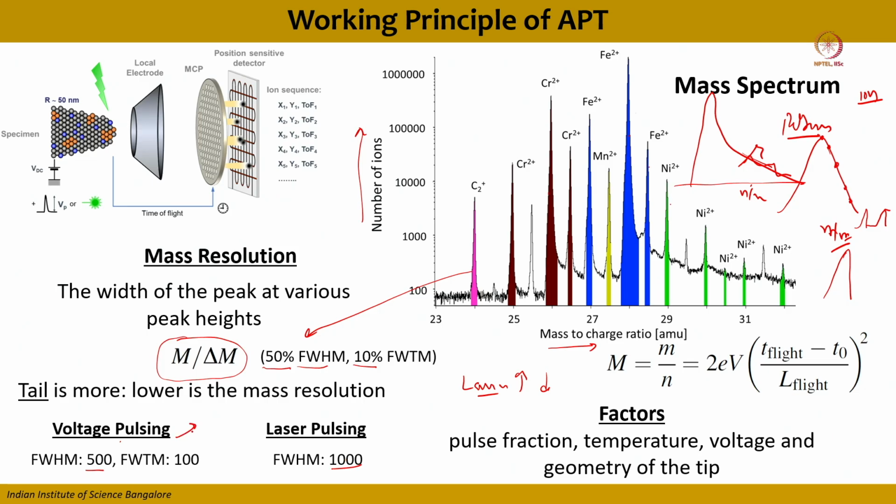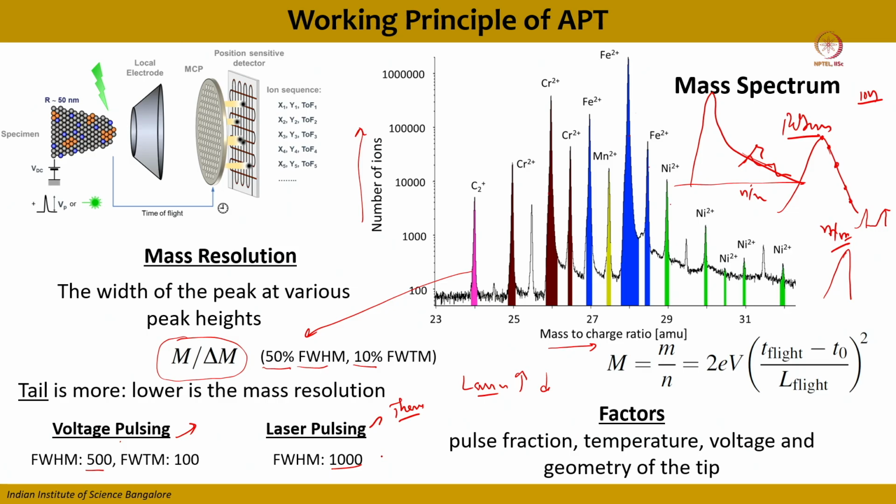For HV pulsing, remember, it works for conducting samples, but for insulators and semiconductors HV pulsing is very difficult as the conduction is very low. But in laser pulsing, you are playing with the temperature. So it depends upon how well the sample can conduct thermally.